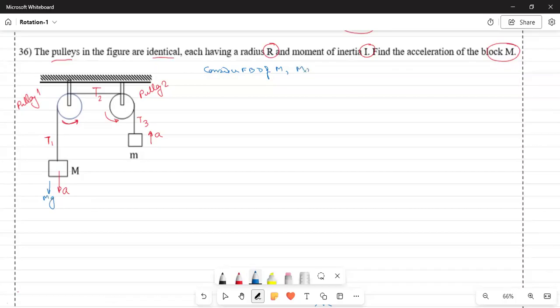So capital Mg minus upward tension T1 will be equal to capital Ma. Let's call it equation 1.